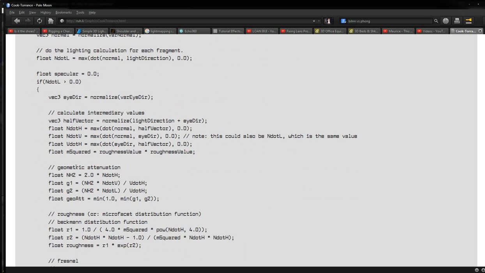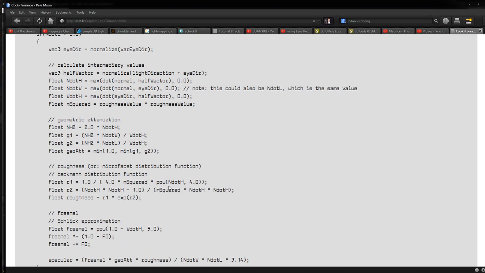It's going to be squared for use in the distribution function. I think most of the distribution functions use the squared roughness value, but I don't remember if GGX does. Well, we'll get to that when we start talking about GGX.